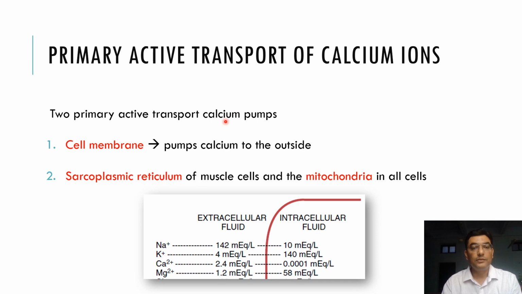These calcium pumps are present at the cell membrane, which pumps the calcium to the outside, as well as in the sarcoplasmic reticulum of the muscle cells and in the mitochondria of all cells. So the sarcoplasmic reticulum and the mitochondria have calcium pumps, and these pump the calcium ions inside. That's how they maintain the low concentration of calcium ions in the intracellular fluid.